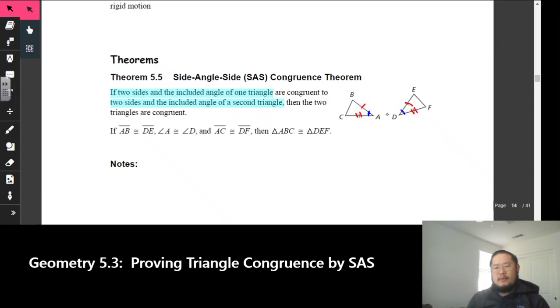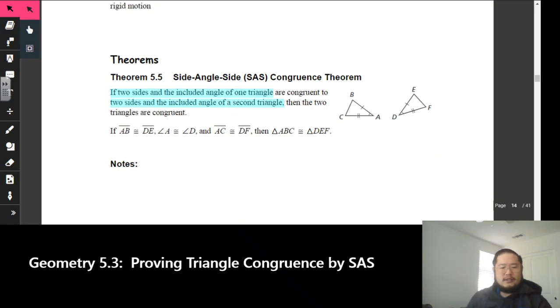So AB is congruent to segment DE, angle A is congruent to angle D, and segment AC is congruent to segment DF. Therefore, these two triangles are congruent. So in our proofs today, you must be able to prove two sides and the included angle congruent. If you cannot do that, then the triangles are not congruent.